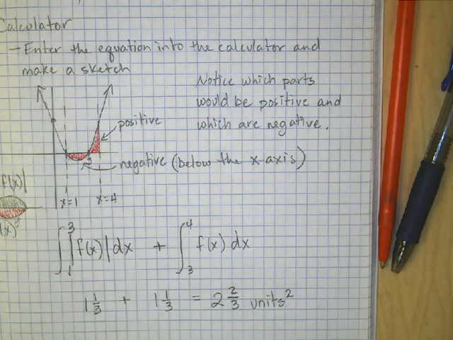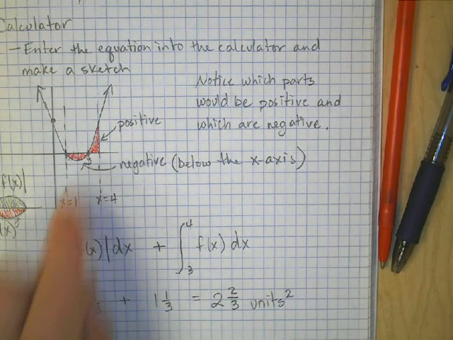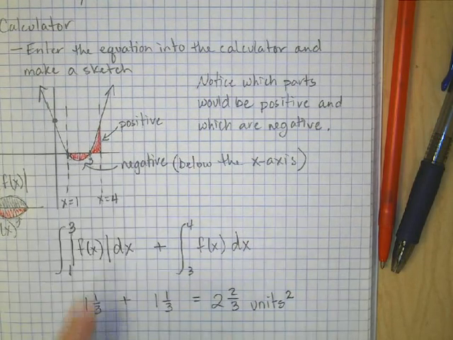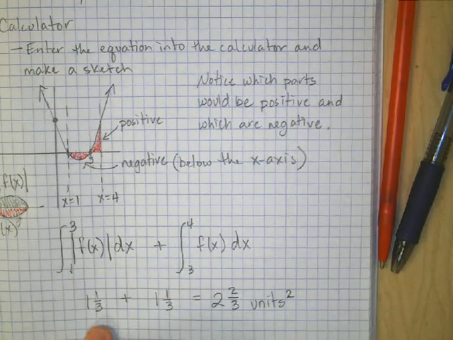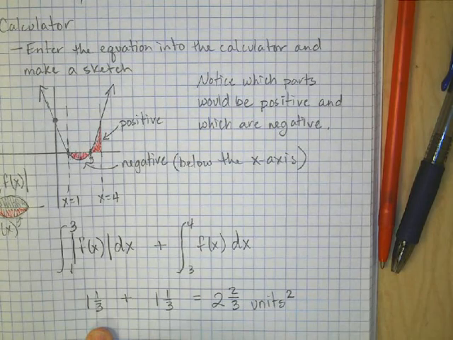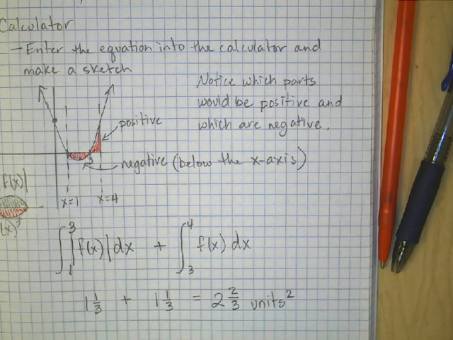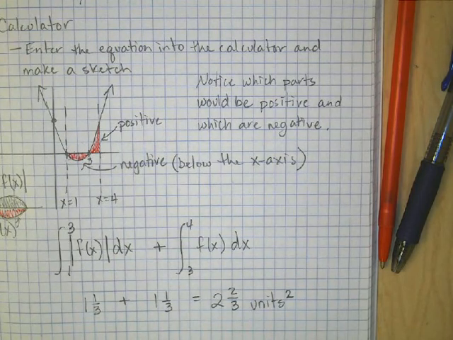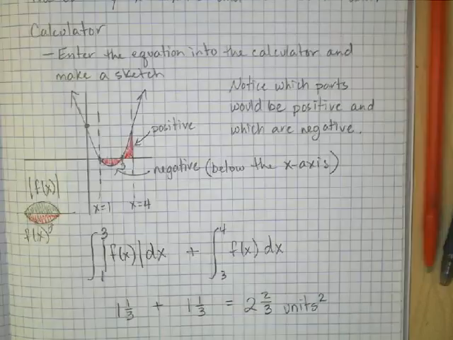Okay, so when you're using your calculator, this is pretty straightforward. You can just break it up, look at where your negative and positive areas are, and make sure that you change any negative areas to positive after you've found their values. There actually is another function on the graphing calculator that can allow you to do this whole thing in one fell swoop, but it's easy to forget and it's not very helpful if you don't have a calculator.